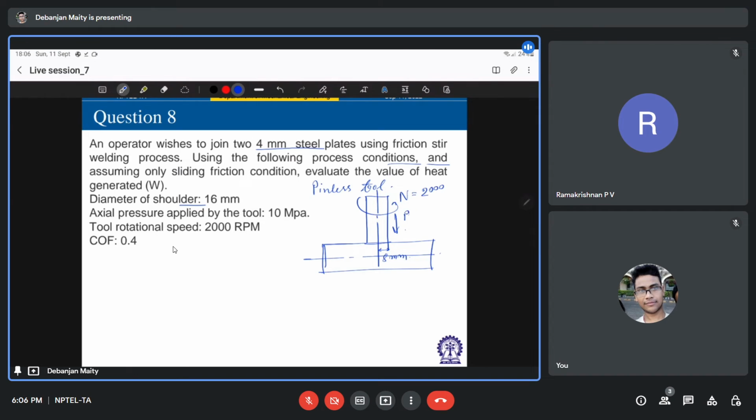and this plunge pressure is 10 megapascal, and mu is given as 0.4. The catch is here. You assume a sliding friction condition. There are two different conditions, I hope you know: sliding and sticking.